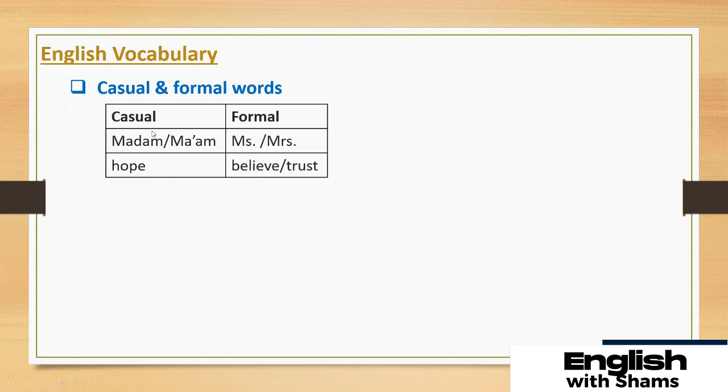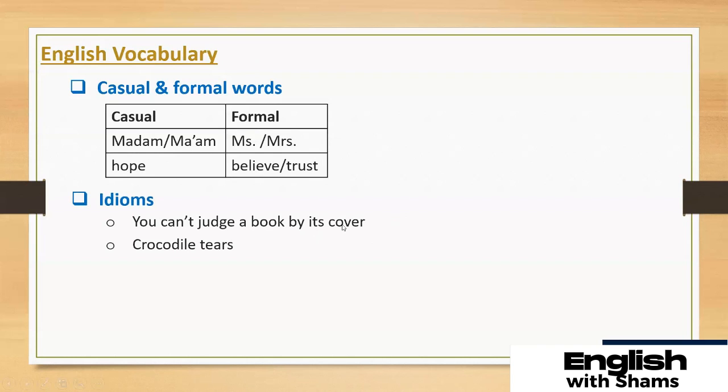Like casually, we say madam or ma'am, but formally it should be like Miss or Mrs. Casually we say hope, but formally we use the word believe or trust. Then idioms, like you cannot judge a book by its cover.